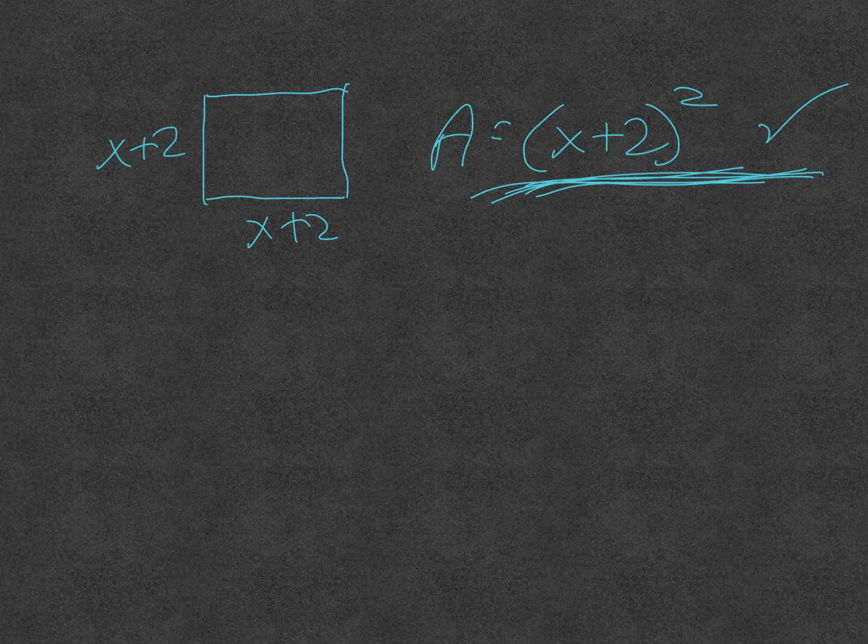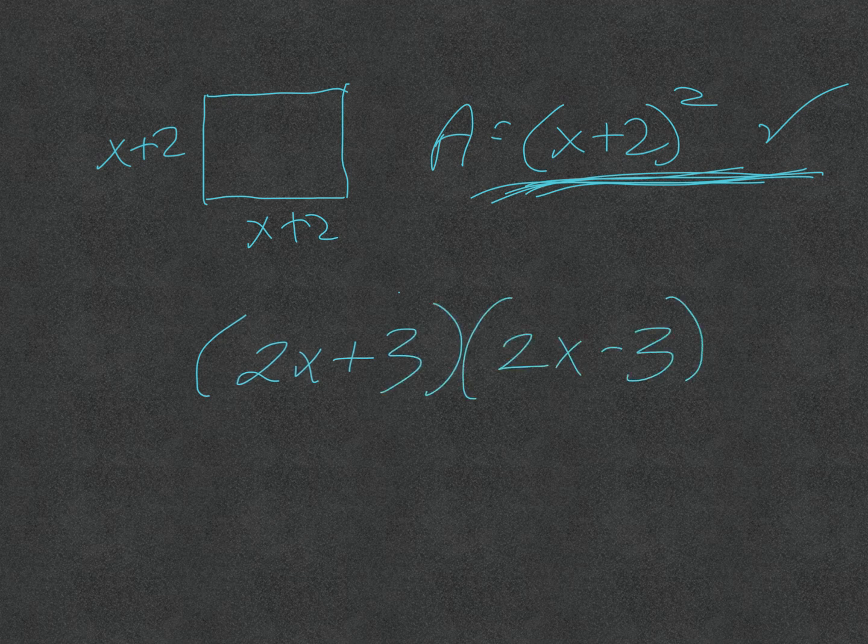The other thing that happens in the further exercises is they sort of make the problem slightly more challenging with these things. So for instance, you might have something like this, where they have a 2x plus 3 times a 2x minus 3, and then the whole thing is squared.